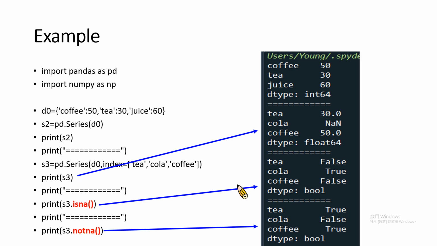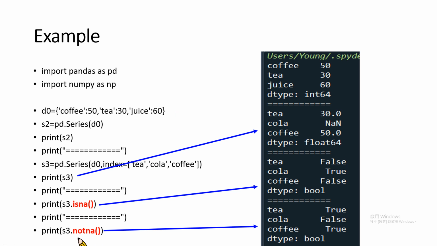And this is another example for isna and notna. isna is for testing whether the values in the series are NA or not.